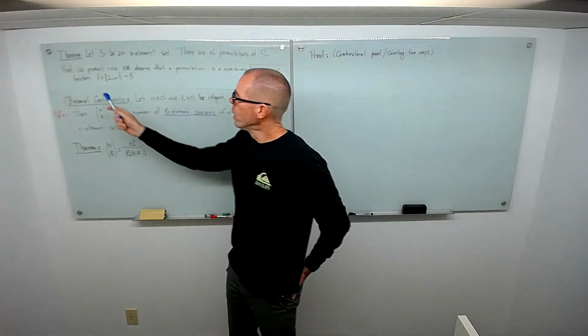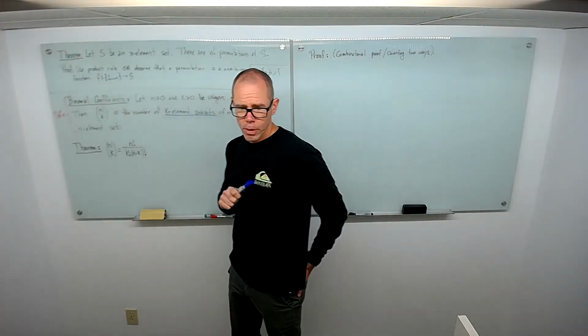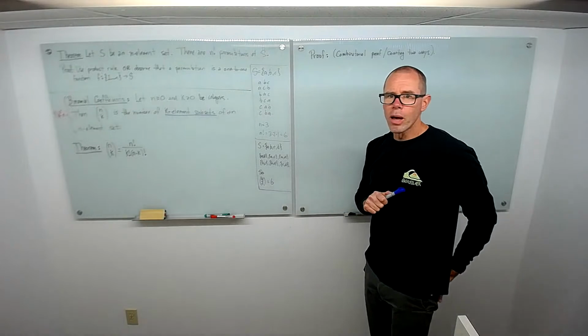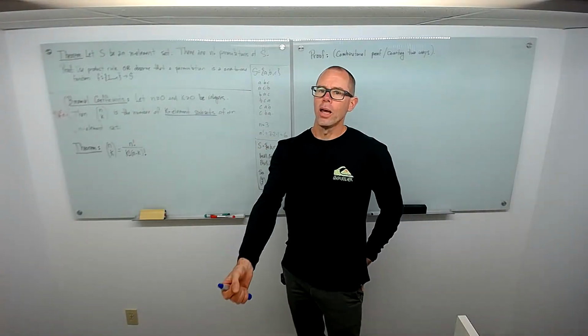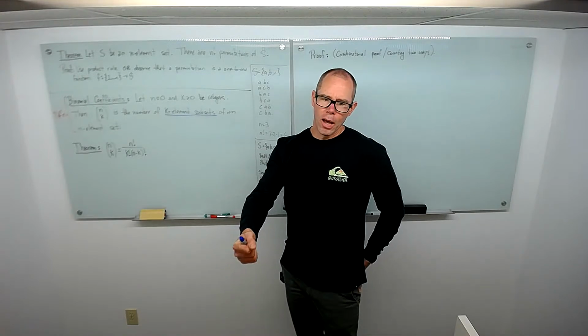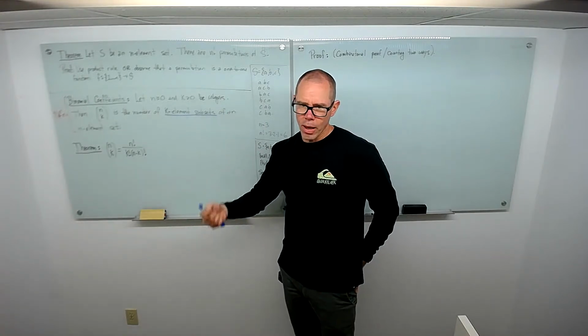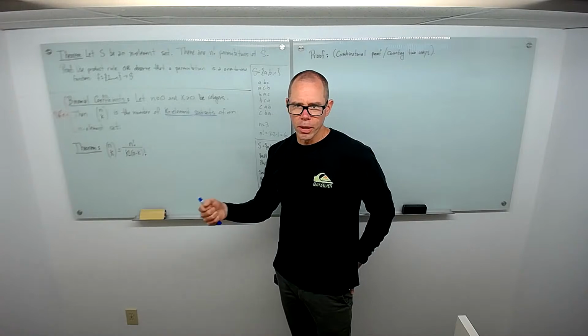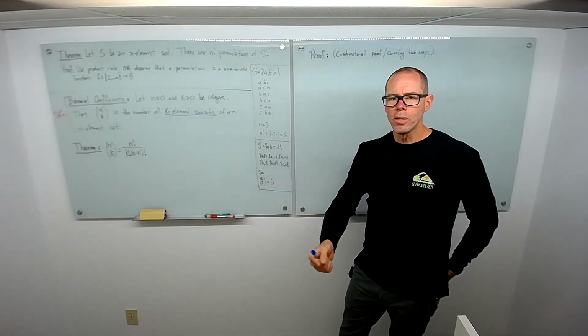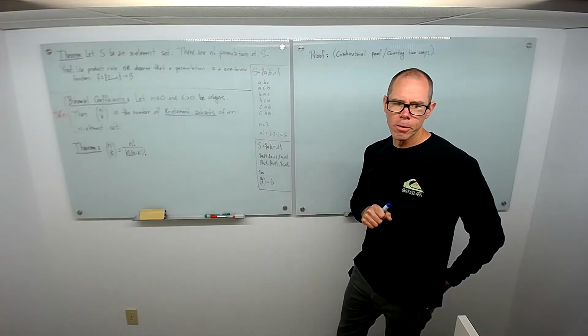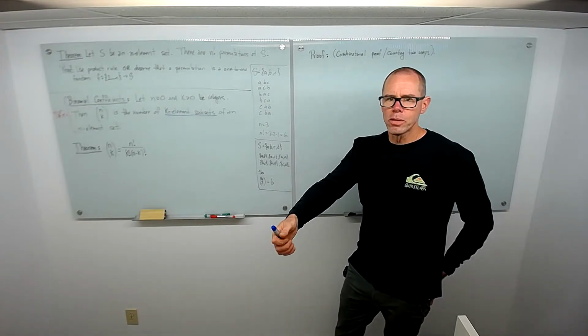So one proof, you can just use the product rule. The procedure for writing out a permutation of an n element set is to pick an element from the set, write it down and remove it from the set so we don't pick it again. So you pick the first element. Well, if it's an n element set, you have n choices for the first element. And then you pick the second element to write down.